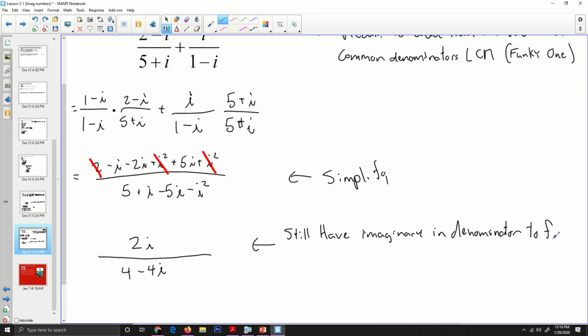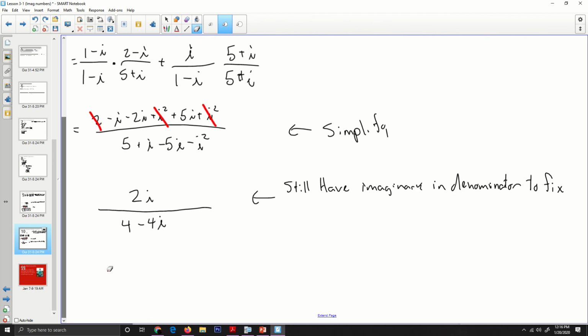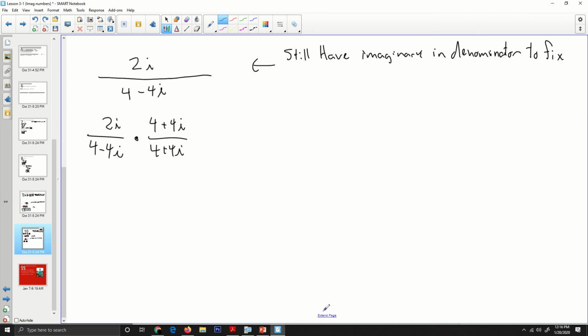To fix that, you know what, I'll just do another step. So we'll go 2i over 4 minus 4i. I need another conjugate. 4 plus 4i over 4 plus 4i. That's my funky one.